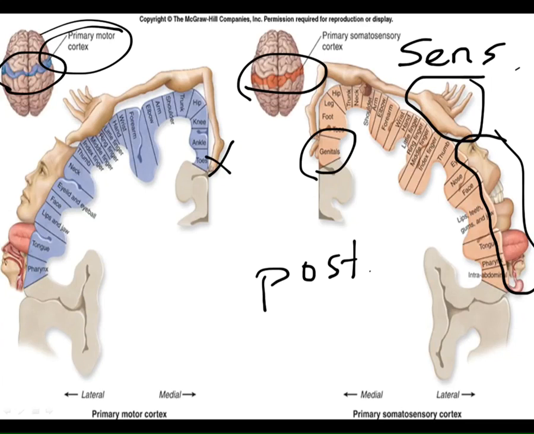We have the precentral gyrus. We're in the frontal lobe, and it's involved with motor control. On the right, we have the postcentral gyrus. We're in the parietal lobe, and we're receiving incoming sensory information to this strip of land.